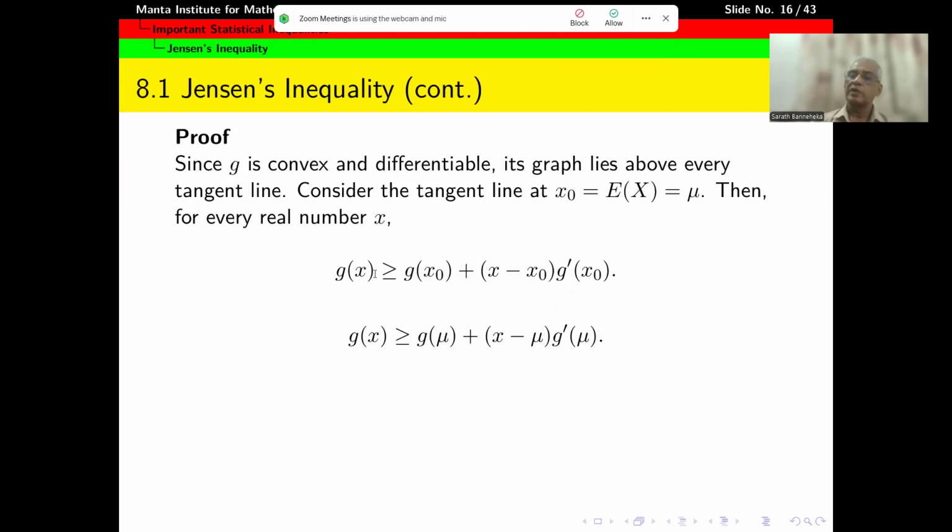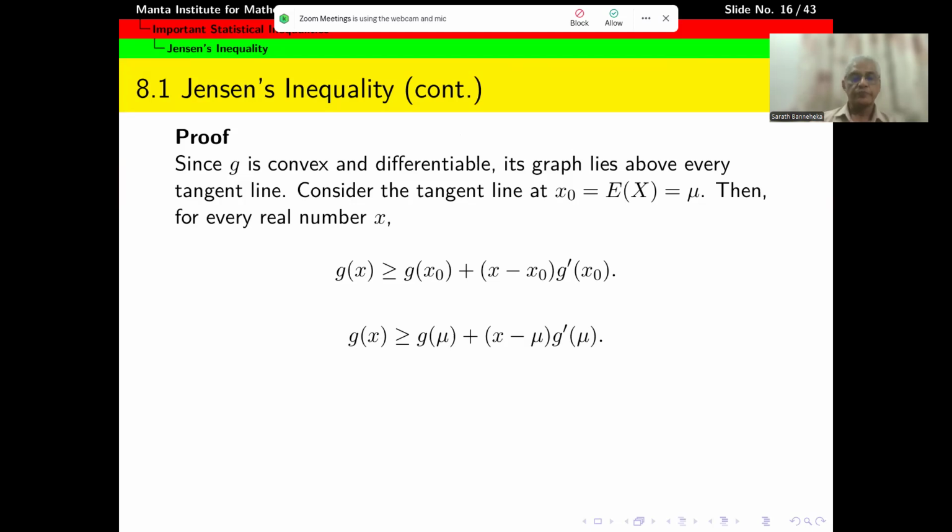This is the point when x equals simple x on the graph. The graph is always above the corresponding tangent point. Therefore, g(x) is greater than or equal to that. Right. So if you put in these values, we get g(x) is greater than or equal to g evaluated at mu, plus (x minus mu) g dash(mu). Right. So this is the important one that we want to consider.